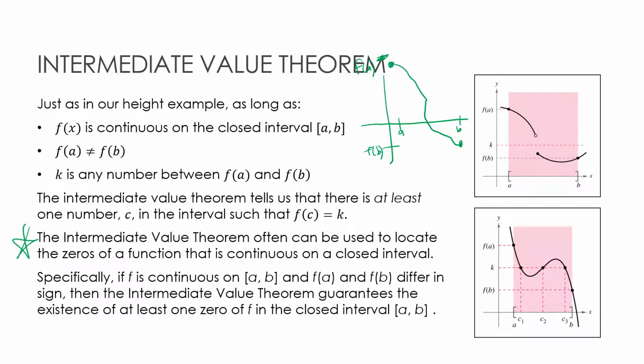So I don't know what this value is, which would be the 0 of my function, but I do know that it has a 0 in the interval from a to b. And how do I know that? Because the intermediate value theorem says this guy is positive, this guy is negative. It makes sense that, because it's continuous, at some point it will have to cross the x-axis, and so at some point c that we don't know the value of, we're going to get that f of c is equal to 0.